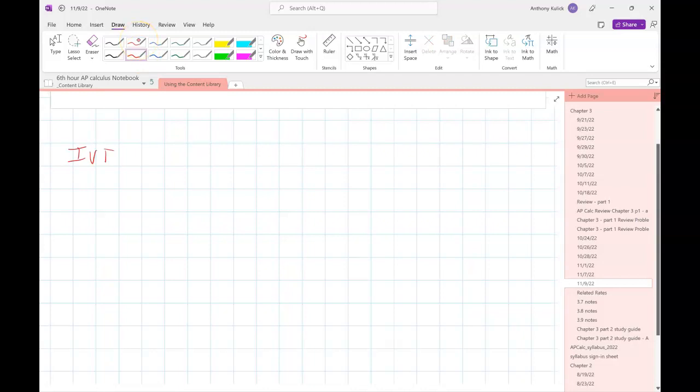So the intermediate value theorem says if f of x is continuous on some interval, I can't remember if it has to be open, I think it has to be closed interval a, b.